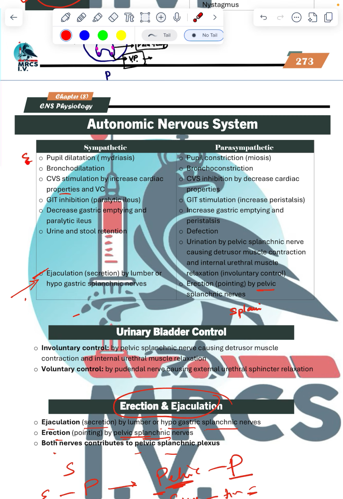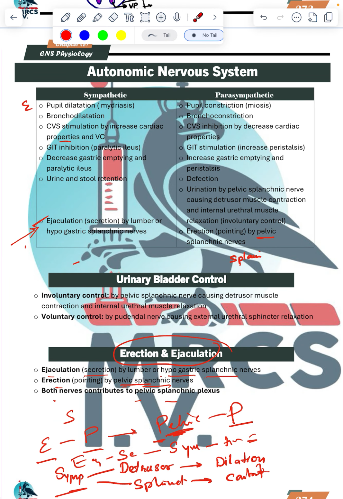So dilatation means mydriasis, bronchial dilatation, increased cardiac activity, and vasoconstriction of vessels. And ejaculation: sympathetic stimulation causes secretion via the hypogastric splanchnic nerves.